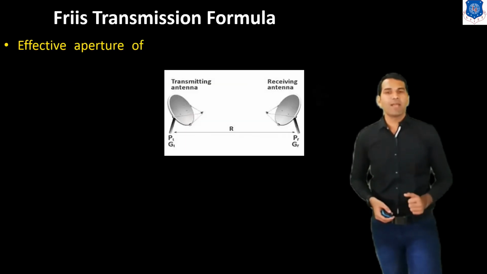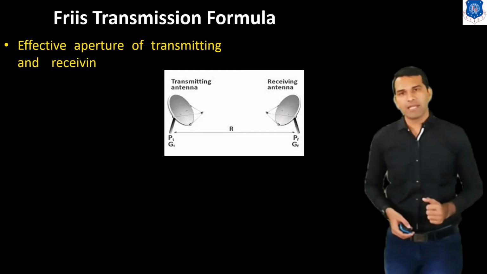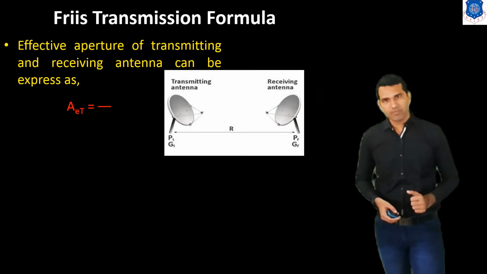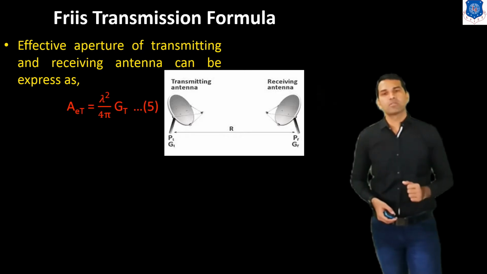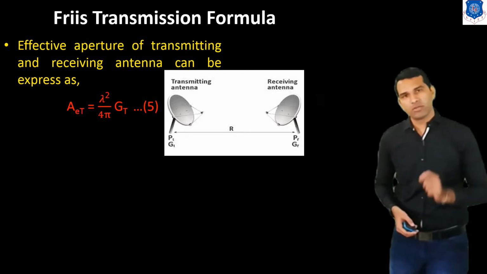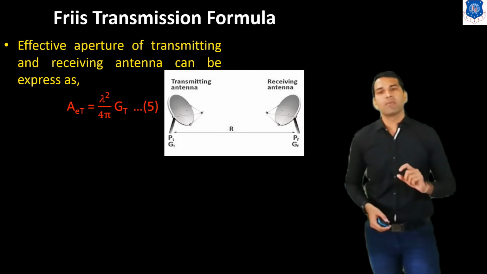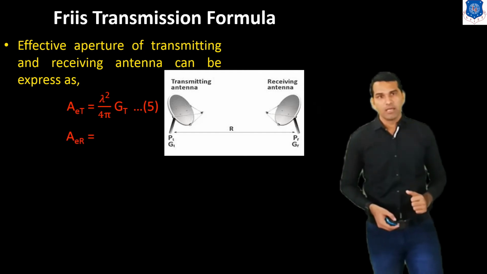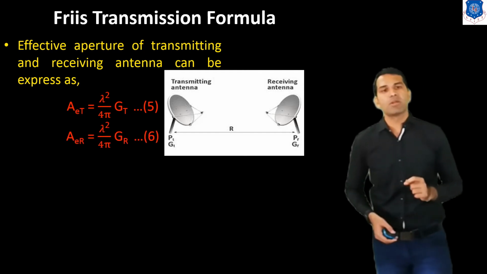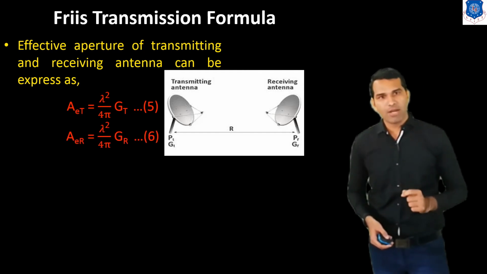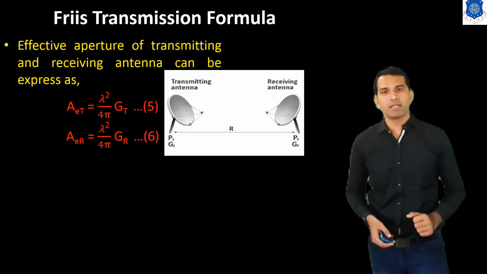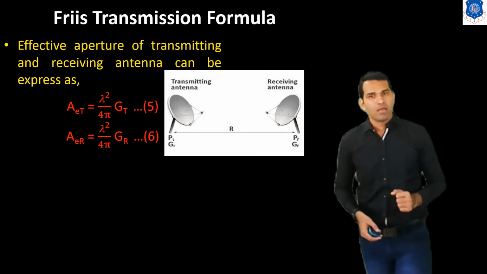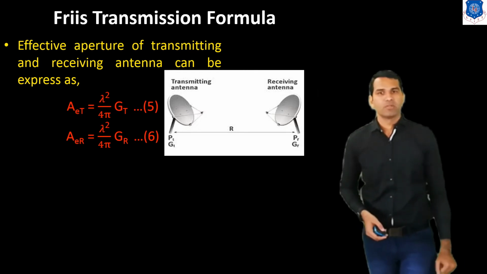Now the effective apertures of the transmitting antenna and receiving antenna can be expressed as AET is equal to lambda square upon 4 pi into GT. This is the relation between the effective aperture of the transmitting antenna and its gain. Similarly, the relation for the receiving antenna is AER is equal to lambda square upon 4 pi into GR.